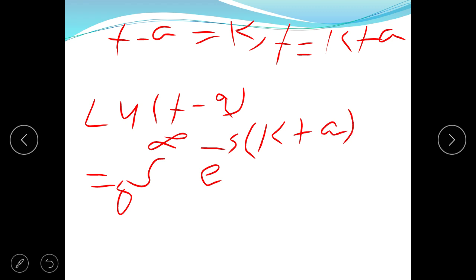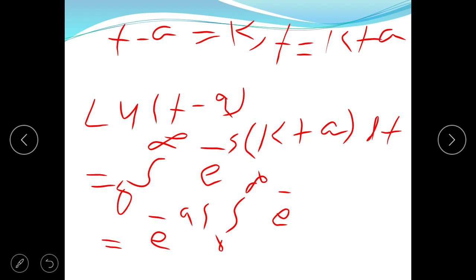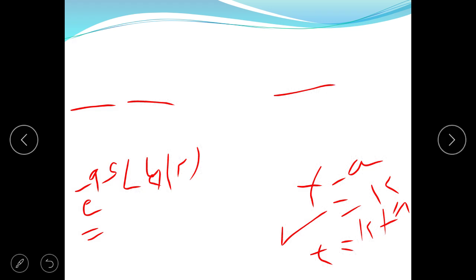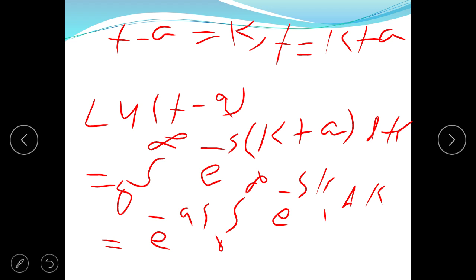So we can separate e power minus as out of the integral, e power minus as times the integration from 0 to infinity of e power minus sk dk. So the obtained solution is e power minus as times 1 by s. This is the solution of this question.